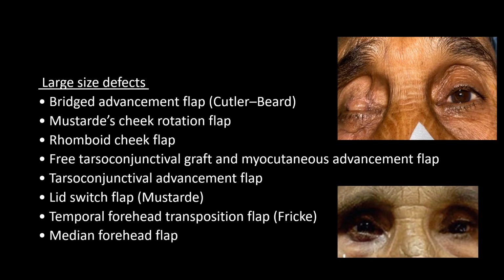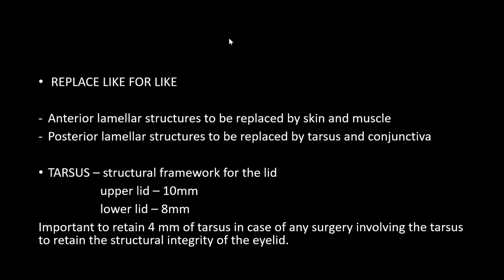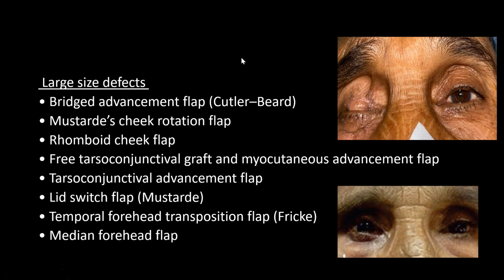If there are very large defects created after excision, then you have to go for multiple procedures like these. You have to choose which suits the patient the best. The first image you're seeing here is the post-op image of a Cutler-Beard stage 1 procedure, and the second one is stage 2.